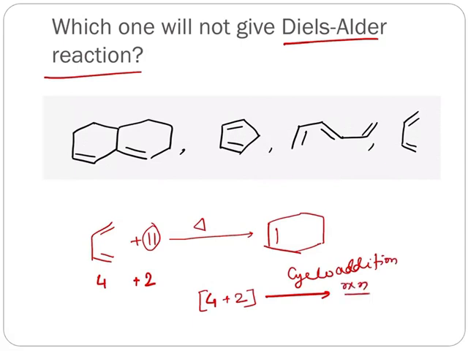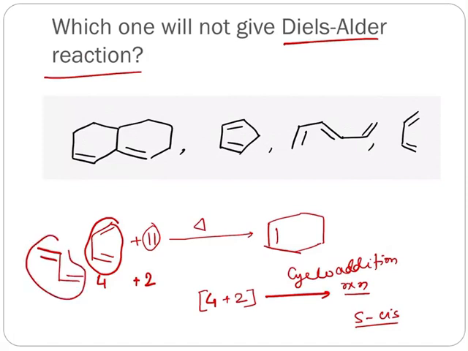The prerequisite condition of this reaction is that the diene should be in cis geometry. That means the diene should be like that, not like that. If it is in the acyclic form, then this single bond can rotate and it will give this type of diene.